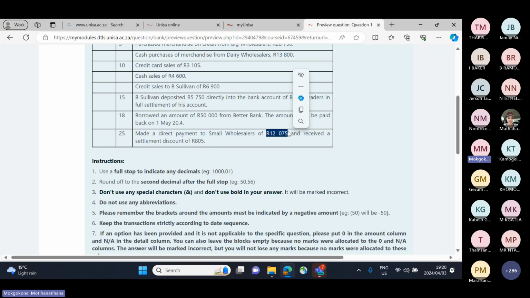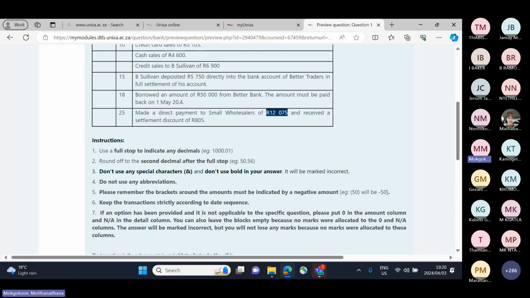We calculated VAT input on the date of transaction. When we purchased goods on credit from small wholesalers, we calculated VAT input on the 12,075. Then later on, we received a discount of 805.